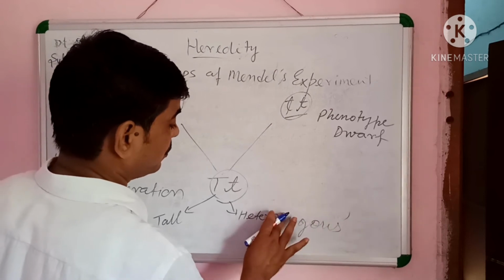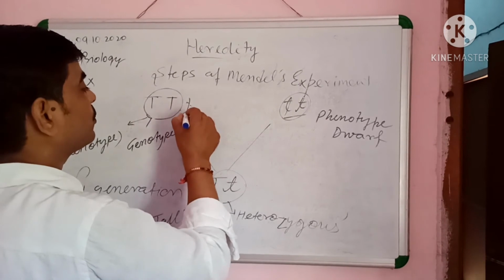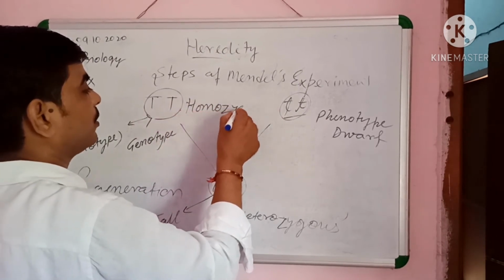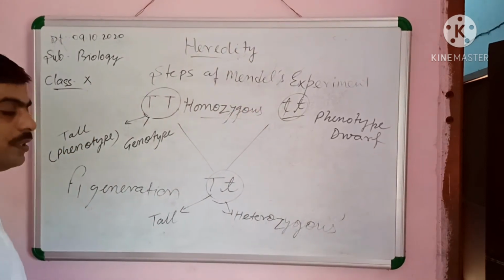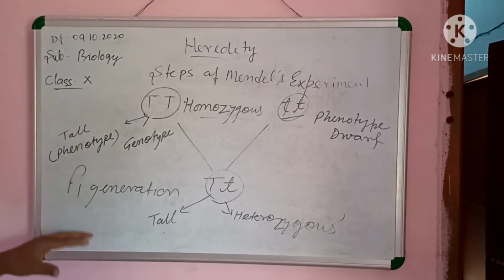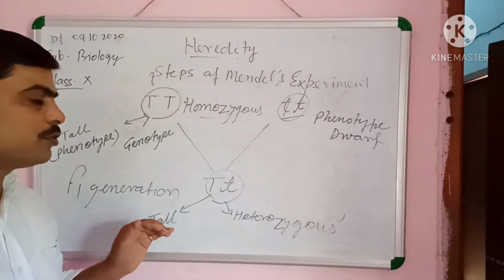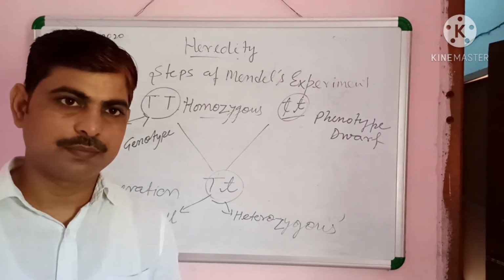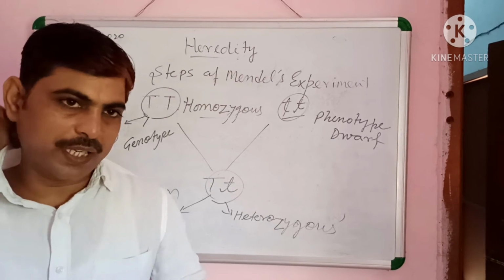And these are homozygous, means they have the same copy of characters. So in the F1 generation produced by Mendel by crossing the pure line plants, Mendel focused on the character to choose the pure line plants.